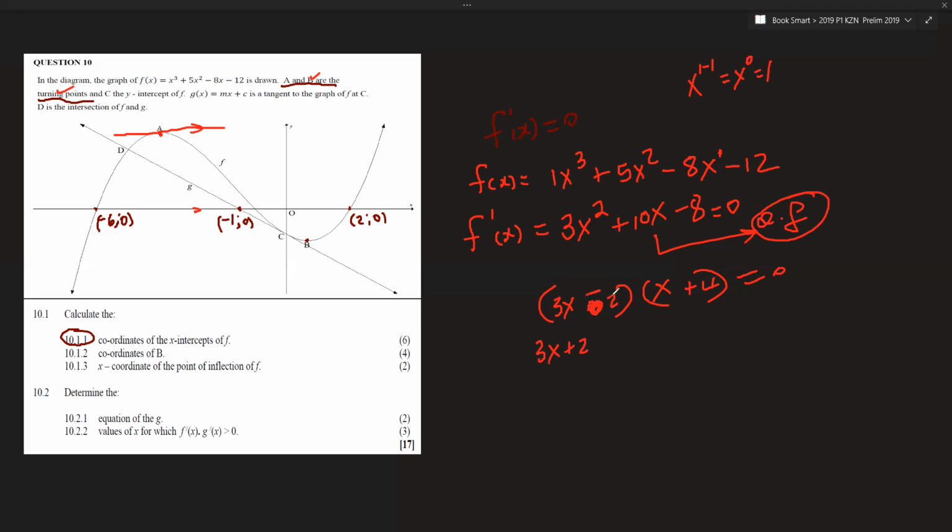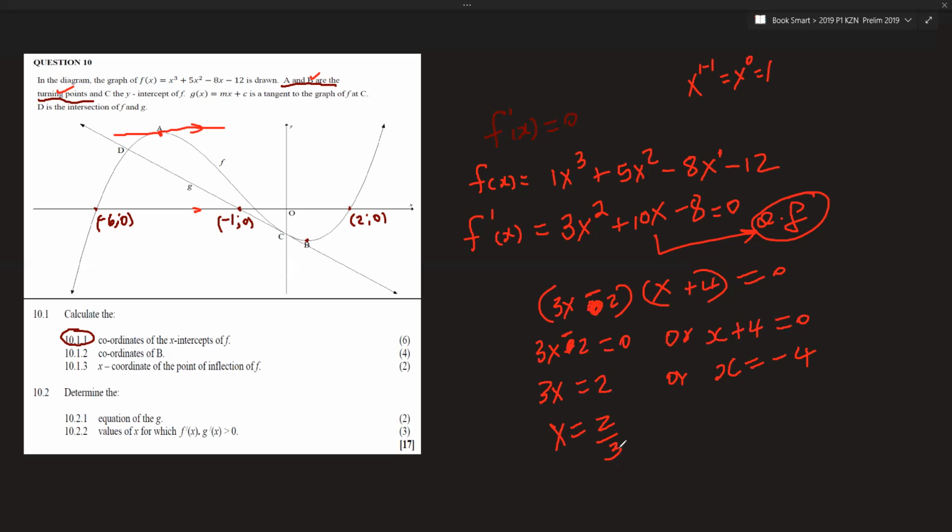Sorry, I mean this must be a negative. 3x minus 2 equals 0, or x plus 4 equals 0. Then this side we have 3x equals 2, or x equals negative 4. And then we have x equals 2 over 3.